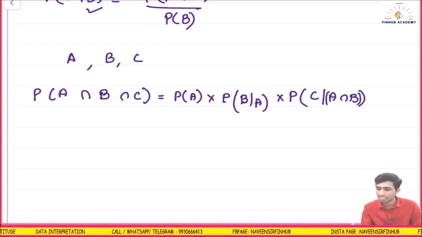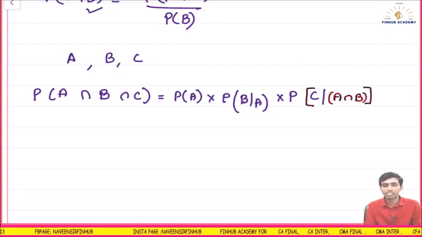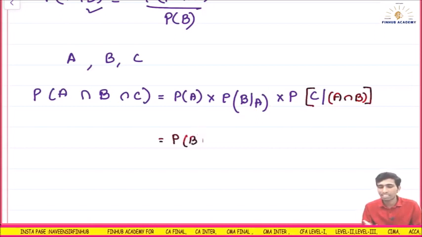So let me write it nicely. Let me put a square bracket here. A intersection B, I said, right? Yeah, because C is in the numerator. Okay, this will be the formula. Fine. Or other way around, one more formula I can make. If I want the same intersection, if I take probability of B here now, then think what should be the first formula?